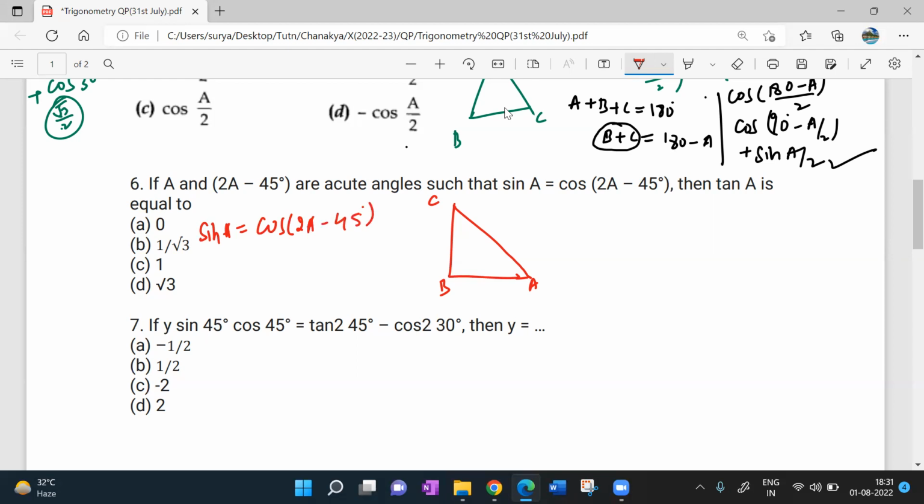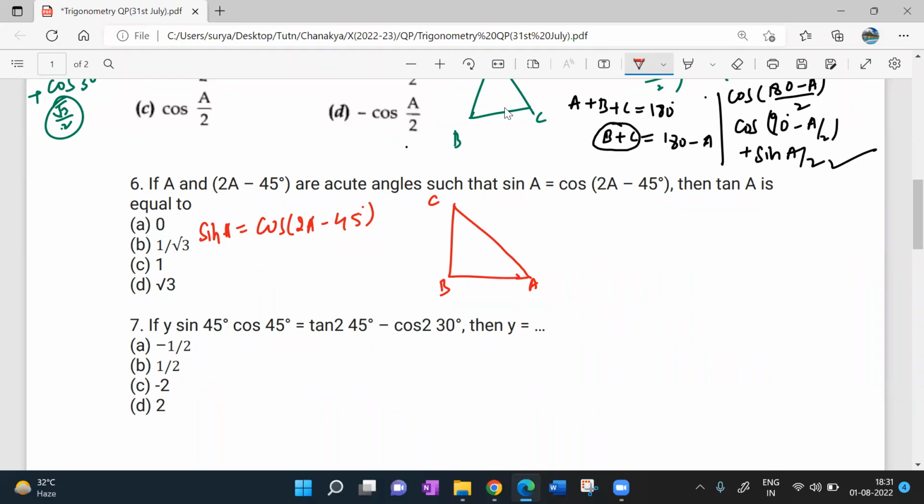Right? We have to find out tan A. Tan angle we need to find out here.